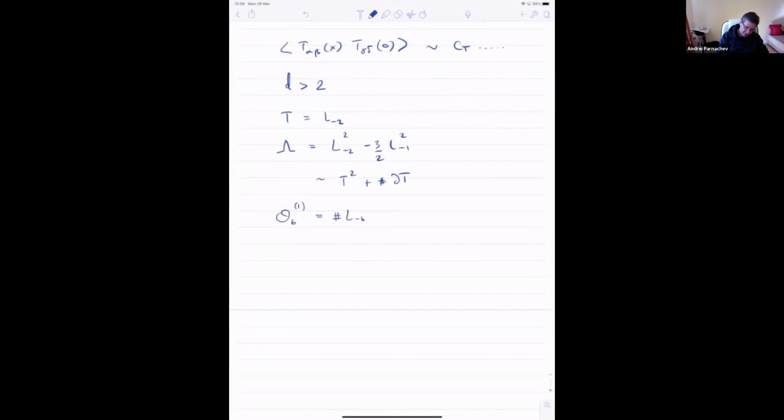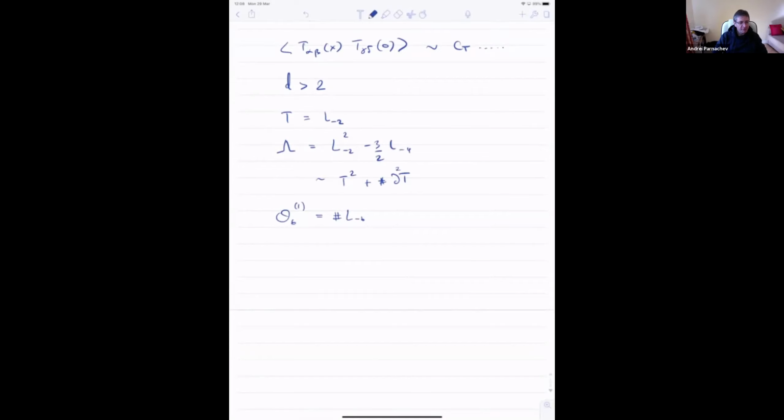So this is L-6. Sorry, did you really mean L-1 squared? Yeah. Oh, but I did, sorry, no, L-4. I meant L-4. That's what I meant. Thank you. And you meant two derivatives on T. That's right.